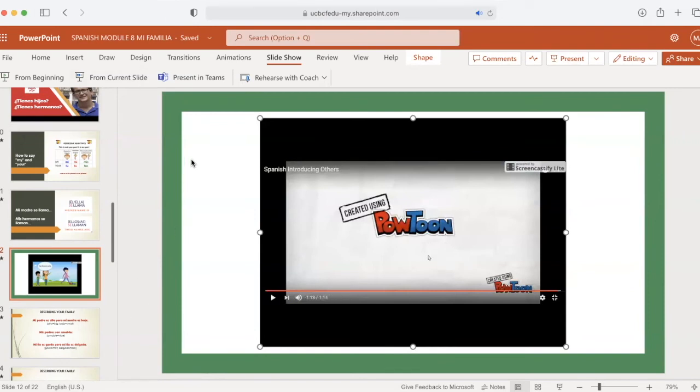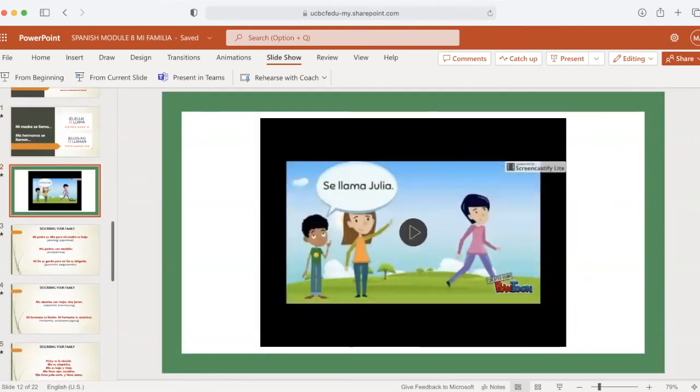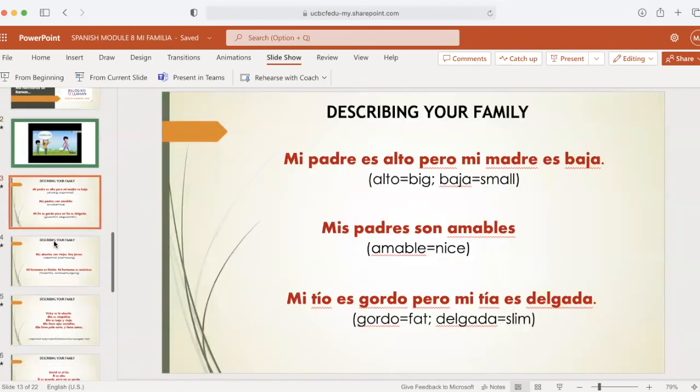All right. So the first part, it explains this. The second part, ¿Cómo es? This now introduces the next part of our discussion, describing your family. ¿Cómo es tu padre? ¿Cómo es tu madre?